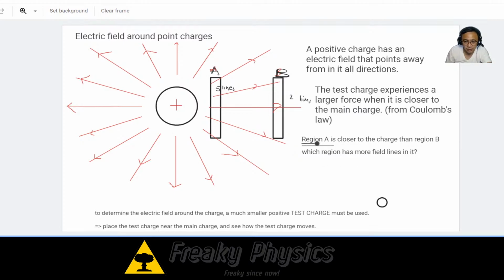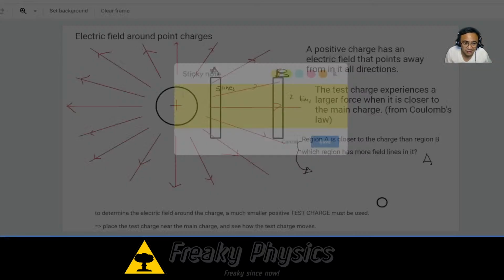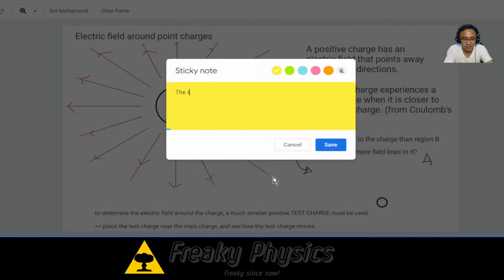Region A has more. So what can we put together here? Okay, the stronger electric field has more electric field lines around it. Okay, so the stronger electric field has more field lines inside the same sized region.